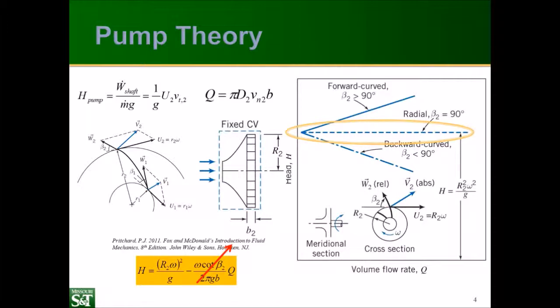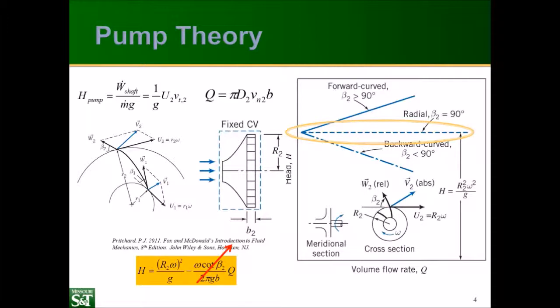Now, this is not necessarily a totally realistic conclusion because, of course, there would be losses in a real pump that would reduce the head produced under certain conditions. So, again, for an ideal case, radial blades mean no dependence of head on volume flow rate.